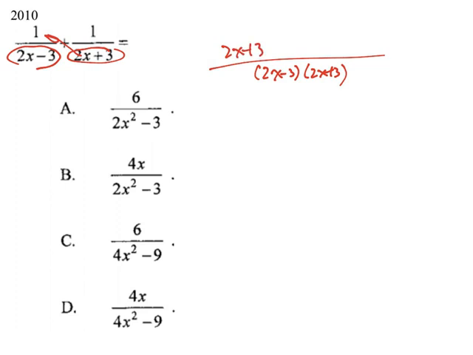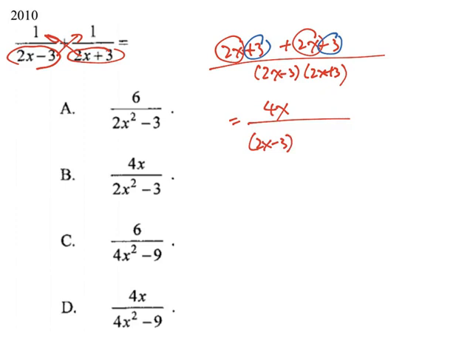So 2x plus 3, and then this one 1 times 2 minus 3, so plus 2x minus 3. And then 2x, so 2x plus 2x, 4x, and 3 minus 3, actually 0. So that means denominator is 2x minus 3, and then 2 plus 3, 2x plus 3.